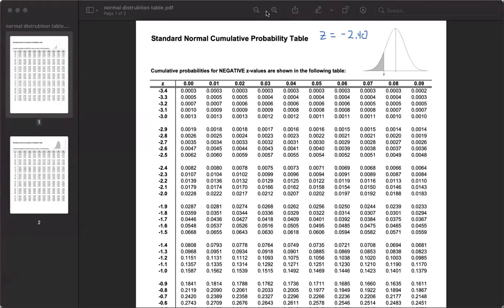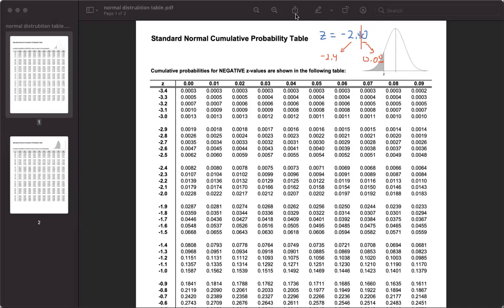And so what we do is we split it. You go in between the first and the second decimal spot, so you get negative 2.4. And then because it's in the second decimal spot, it becomes 0.00. This 0 here corresponds to the 0 in the second decimal spot.